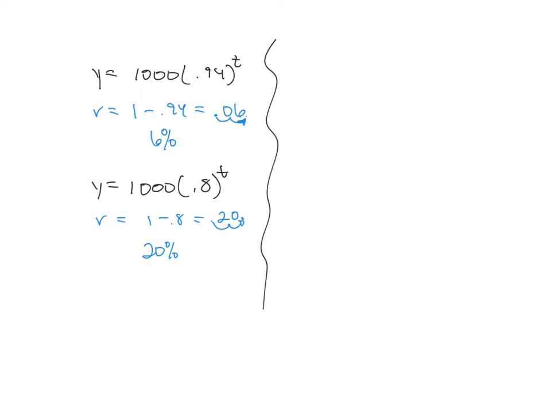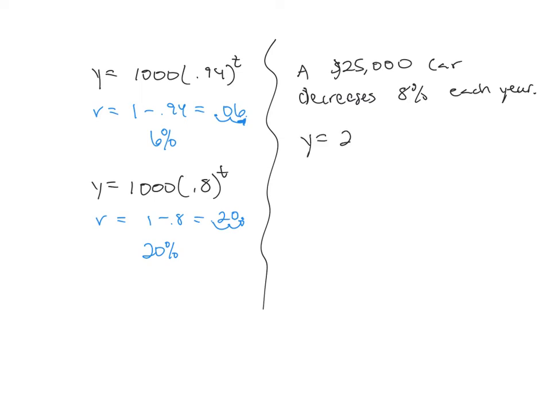So let's see, a $25,000 car decreases 8% each year. Okay, so here's our initial amount. Then you'd have 1 minus 0.08.